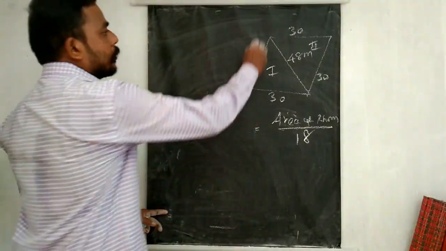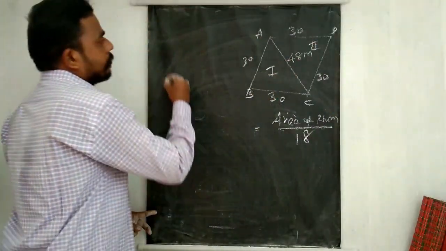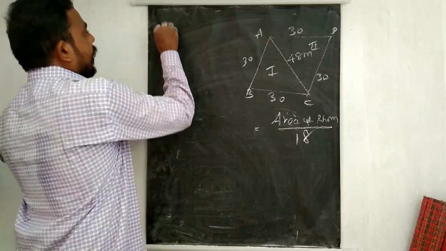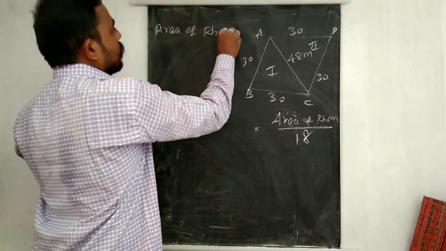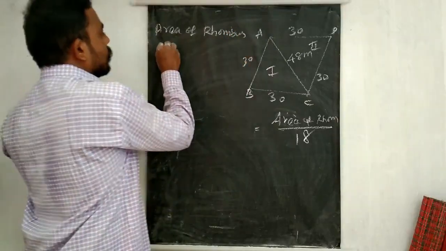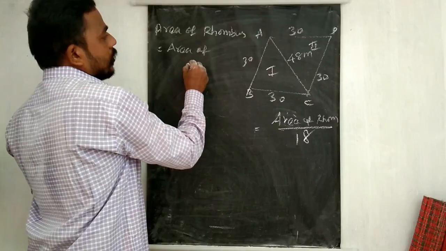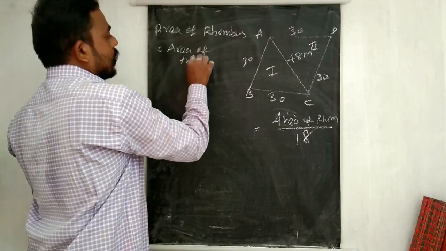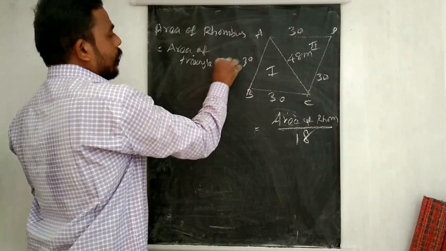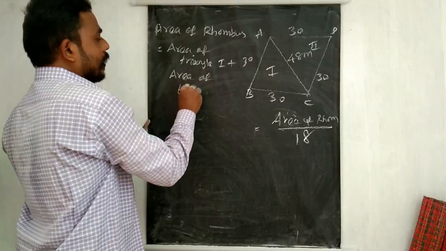Suppose the rhombus is named A, B, C, D. Area of rhombus equals area of triangle 1 plus area of triangle 2.